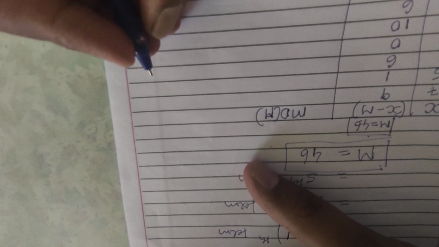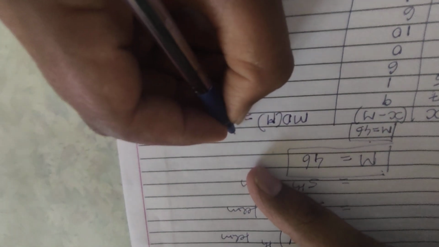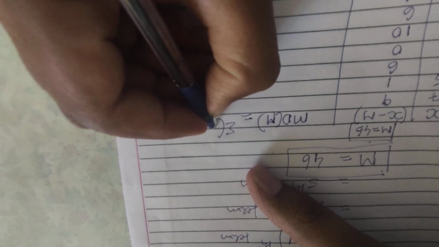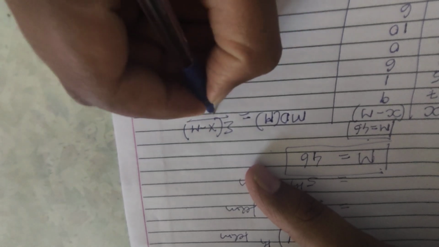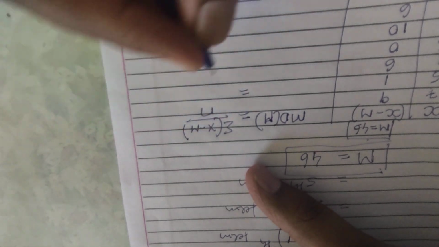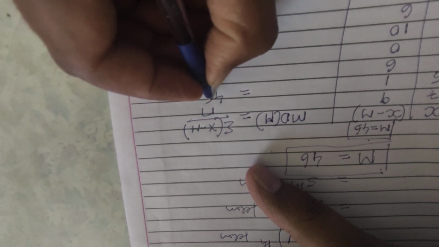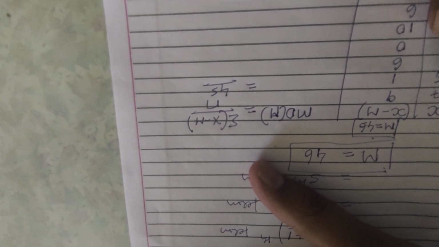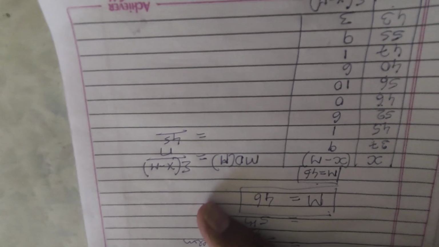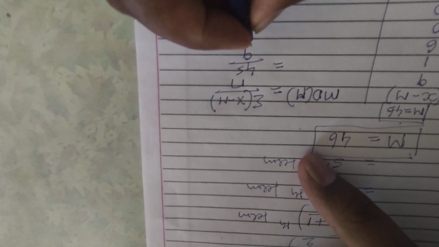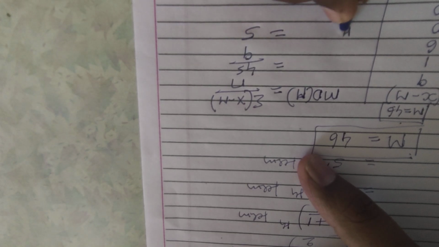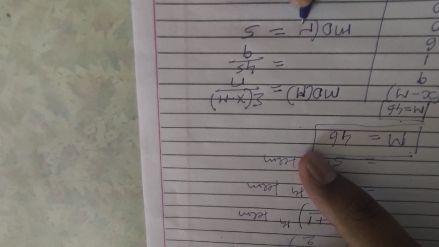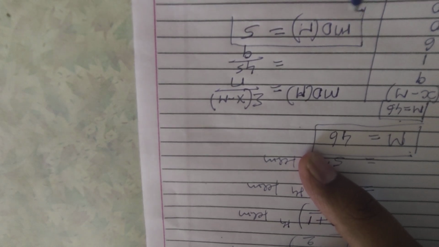Mean deviation from median is equal to the summation of x minus median divided by n. The summation is 45. n means number of items, which is 9. 45 divided by 9 we will get 5. The mean deviation from median is 5.